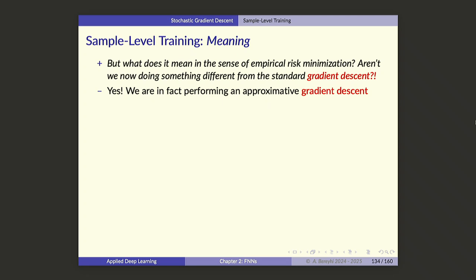So you might come up with the question that this is actually not the standard gradient descent that we talked about, because we are not updating with the gradient of the empirical risk itself, but with the gradient of one of the terms inside that empirical risk, which doesn't sound like the same thing, right? But basically, people look at it as a kind of approximative gradient descent.